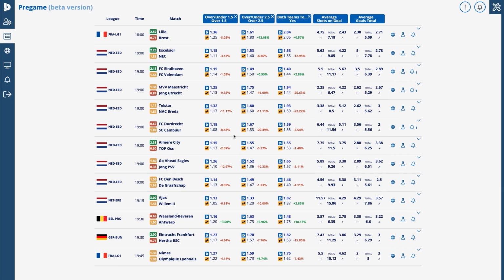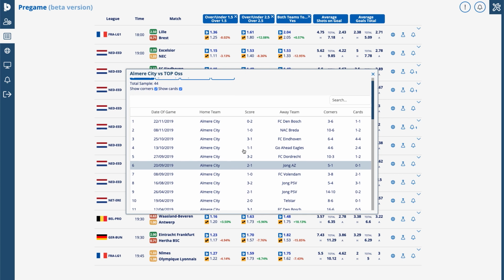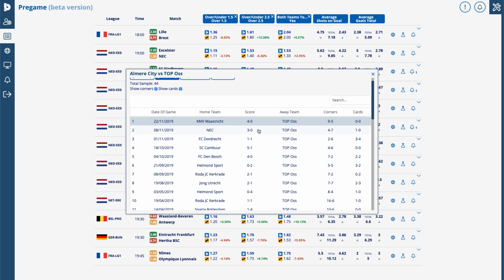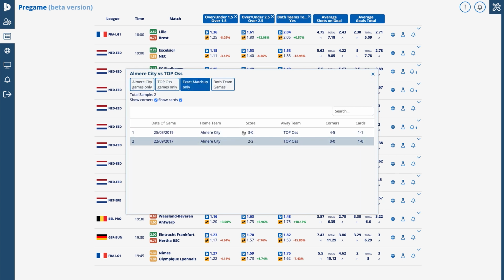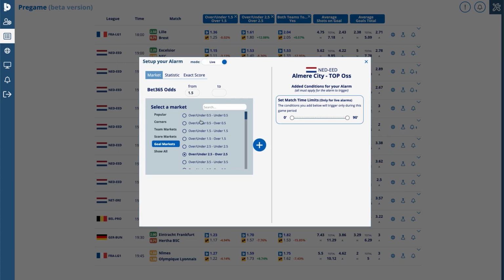Okay, looks good. And here we have 1, 2, 3, 4, 5 for Almere, and then 1, 2, 3, 4, 5, 6, 7. Looking good so far. Let's set an alarm. 1.9 over 2.5. Here we go. Save and activate.